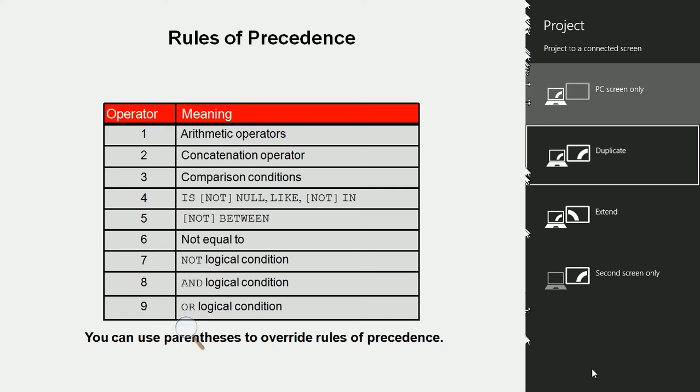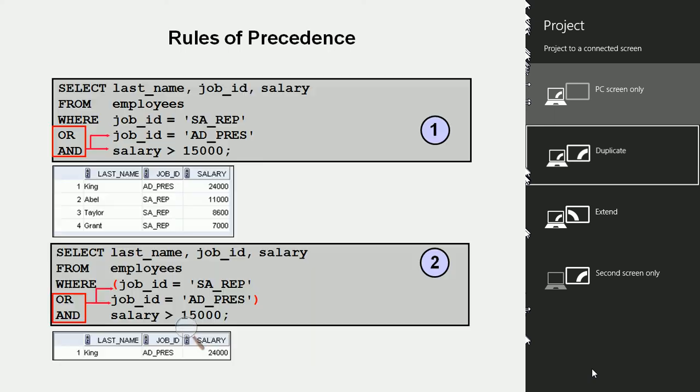Their priority is high. If you have a concatenation operator, it will execute second. Then comparison conditions, then IS, NULL, LIKE, IN. Then BETWEEN, then not equal to, NOT, AND and OR. So AND priority is higher than OR. Clear? OR priority is less than AND.